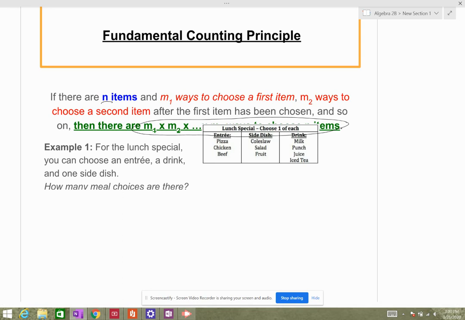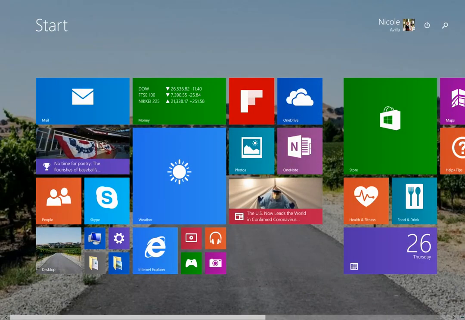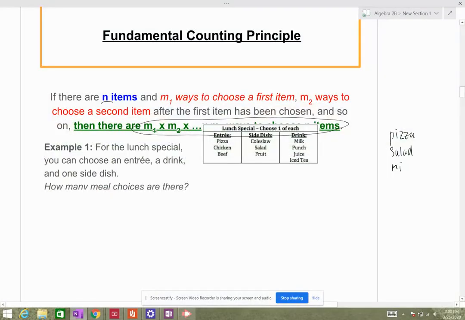So I could write pizza with salad, and I could say milk. That would be one option, but then I would have to do every other combination, like pizza, salad, and punch, and that is a second combination. So this could actually take a while, and I don't want to necessarily list them all out.